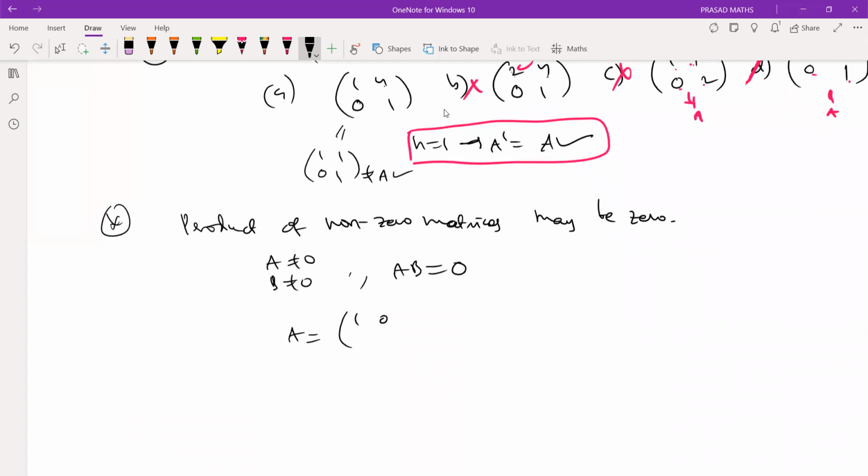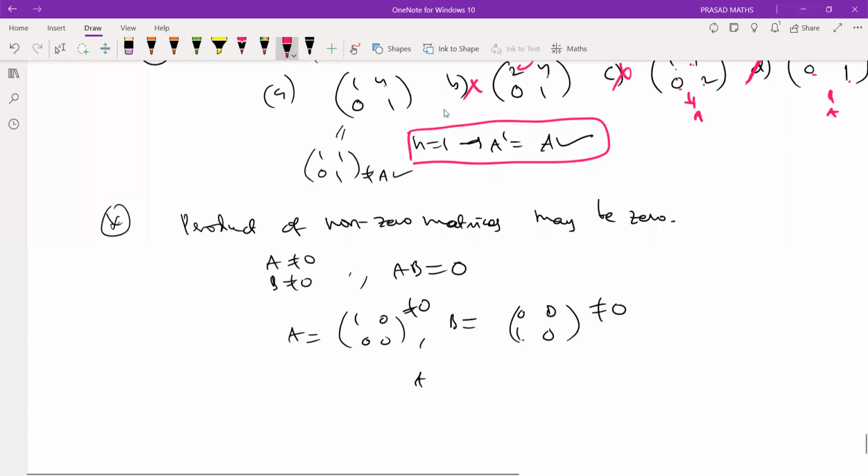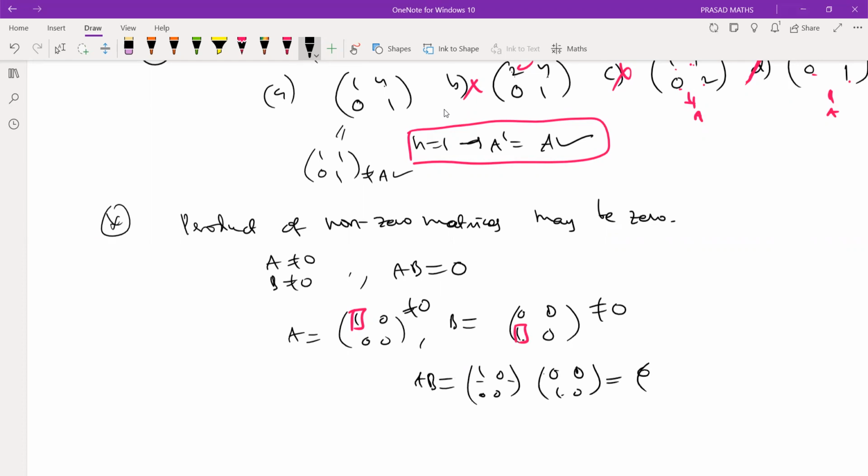Suppose you take a equals 1 0 0 0 and b equals 0 0 1 0. Both are non-zero matrices because at least one entry is non-zero. The product of 1 0 0 0 and 0 0 1 0 is nothing but 0 0 0 0. That means it is a zero matrix. So the product of non-zero matrices may be a zero matrix.